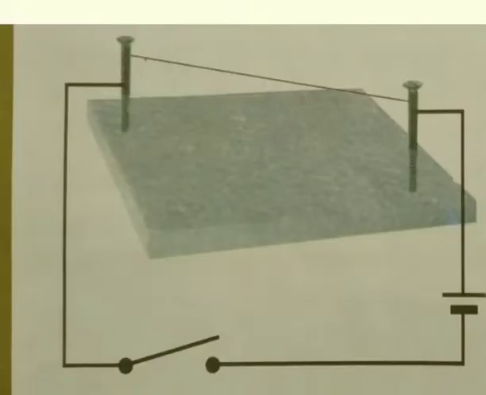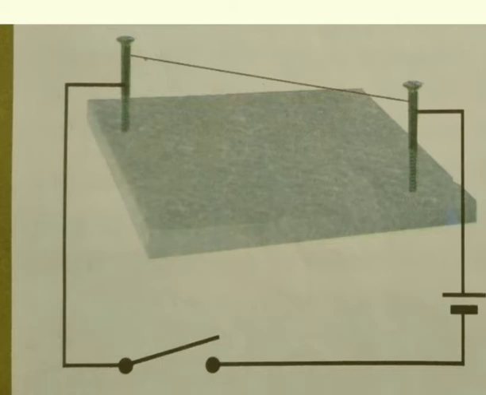Now let us understand with the help of an activity. Take about a 10 cm long piece of nichrome wire and tie it between the nails. You can get this wire from an electric repair shop.